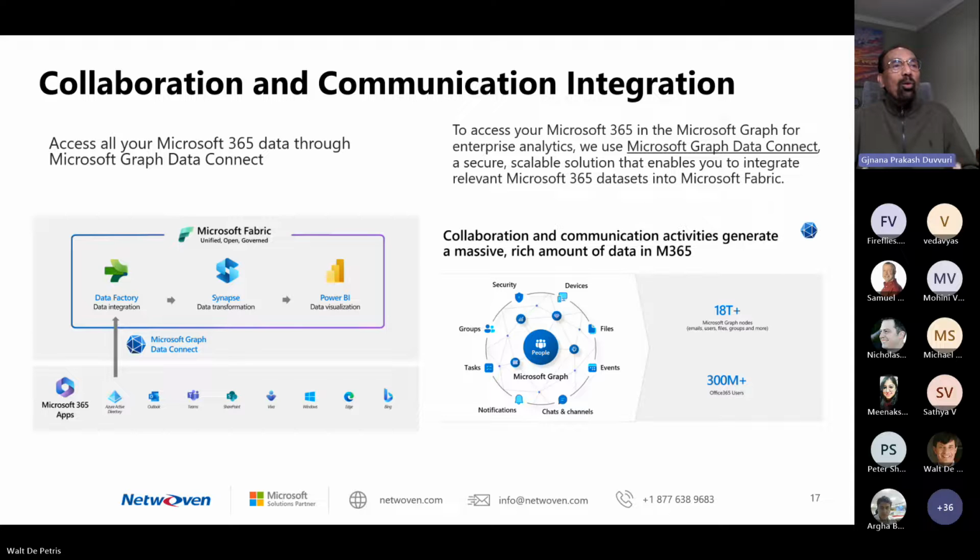People use so many tools, and you will be surprised to know how much they struggle. But with Microsoft Graph Data Connect, you can put the data into Microsoft OneLake, and along with Power BI, you can see all the analysis and reports, exactly what they want. It's a great site for executive management dashboard reports also. Next slide, please.